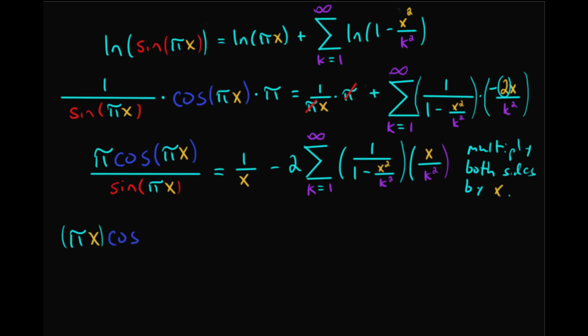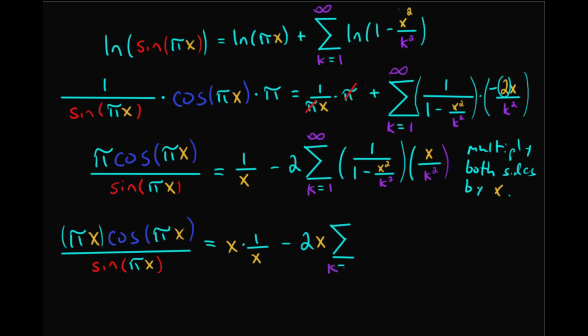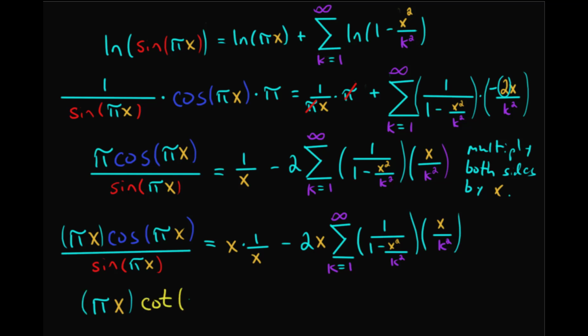So when I do that, I get pi x times cosine pi x over sine pi x equals x times 1 over x minus 2x times the sum from k equals 1 to infinity of 1 over 1 minus x squared over k squared times x over k squared. Well, cosine over sine is just cotangent, so the left-hand side is pi x times the cotangent of pi x.